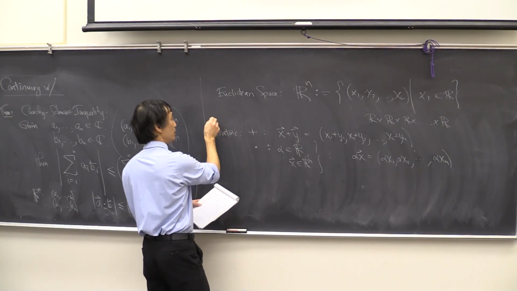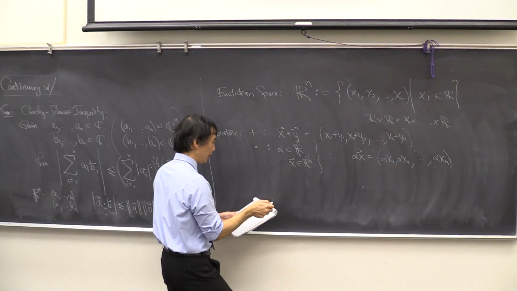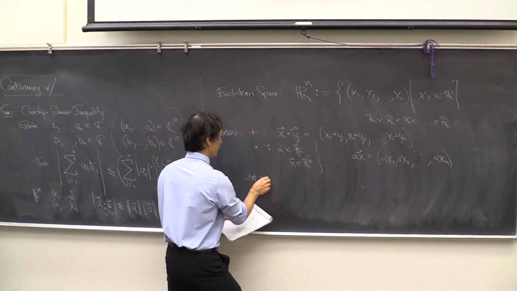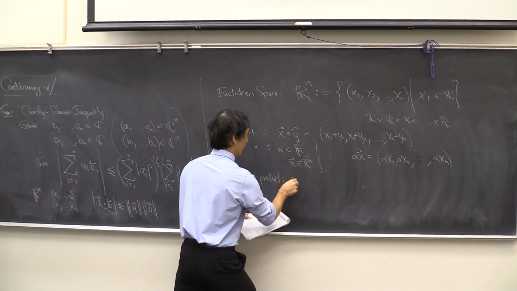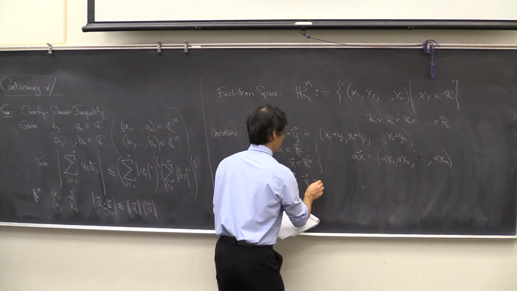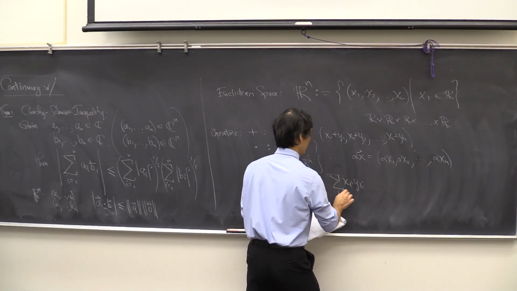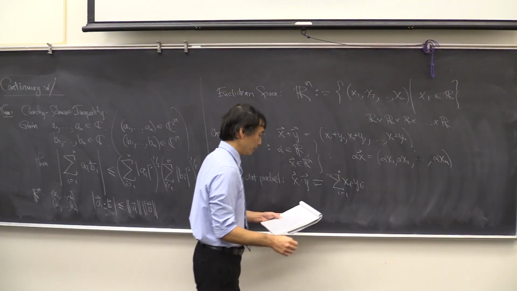So these are the basic vector space operations. You have the inner product, the dot product, of course: x dot y is the summation of xi yi from i equals 1 to n.